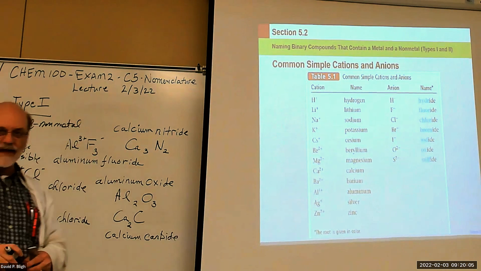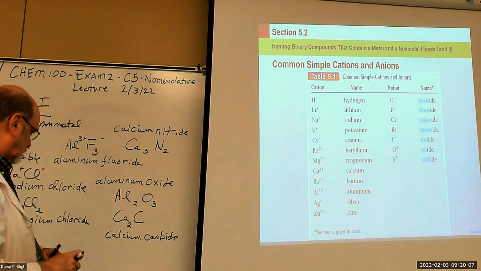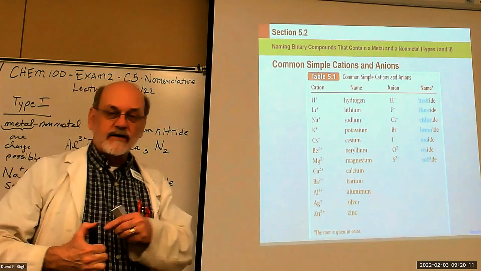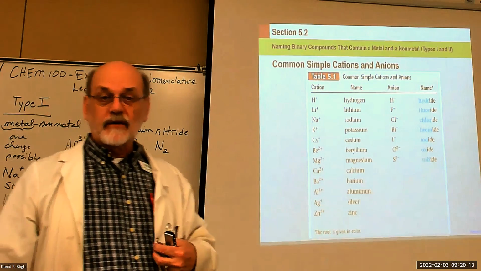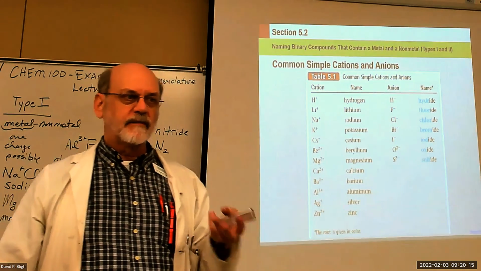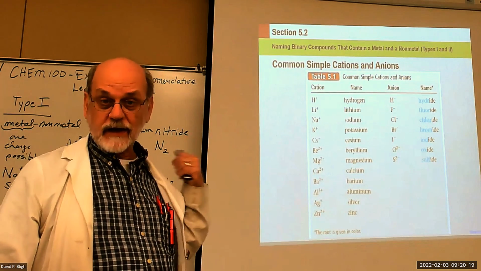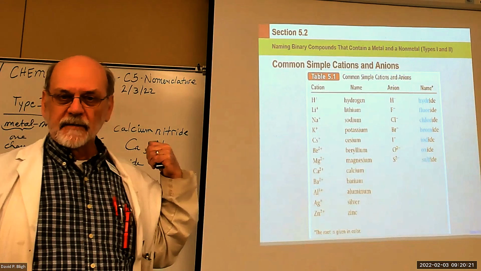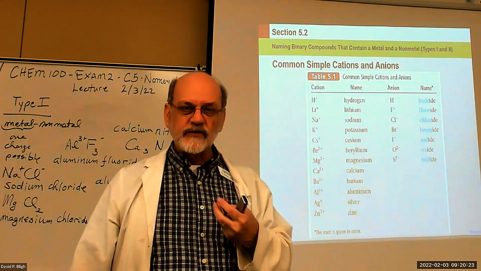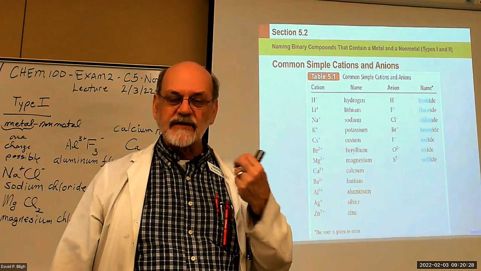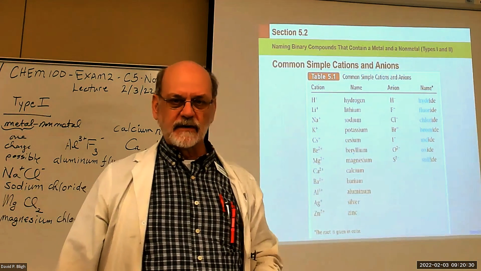Carbide. Calcium carbide. Anybody who has, say, a grandparent or even a great-grandparent, if they're still living, who used to work in the mines, they know calcium carbide. Because calcium carbide used to be the source of fuel gas that would burn in their headlamps.